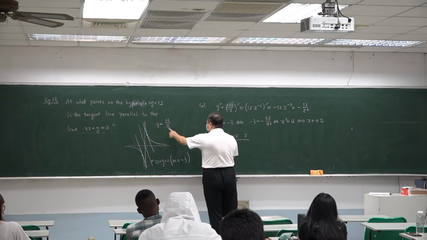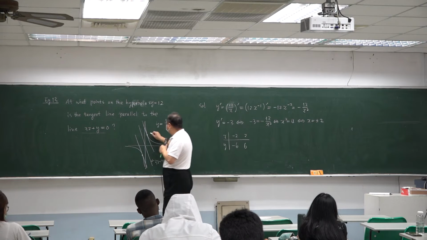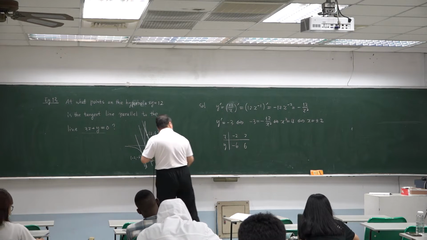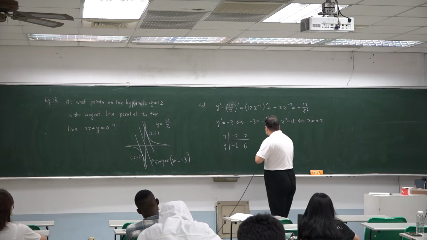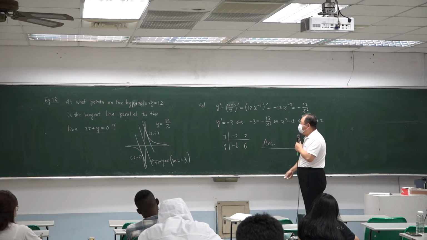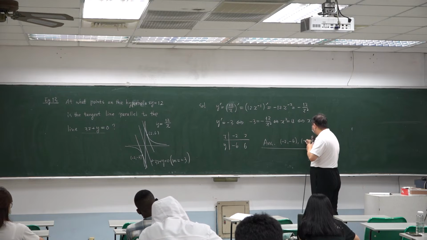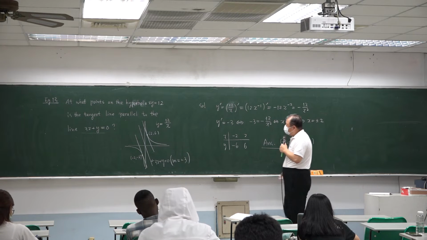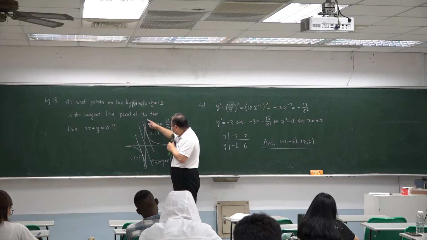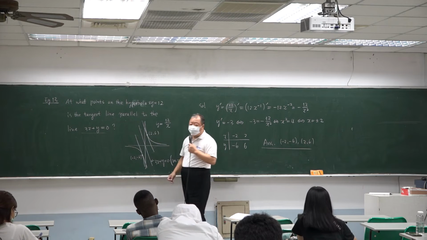When x equals minus 2, this is minus 6. So at these 2 points, minus 2, minus 6, and 2, 6, the tangent lines to this curve passing through these 2 points will be parallel to this straight line.